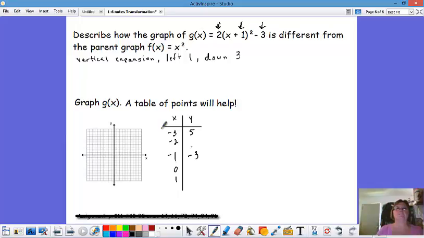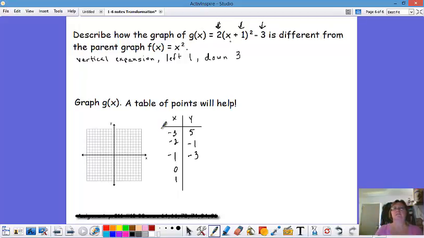-3, 5. If we put -2 in as our input, -2 plus 1 is -1. -1 squared is 1. 2 ones are 2. And 2 minus 3 is -1. Now I know that parabolas have that symmetry thing going, so I know what these y's should be, but I'm going to check them just in case, just to make sure I didn't do some math wrong.